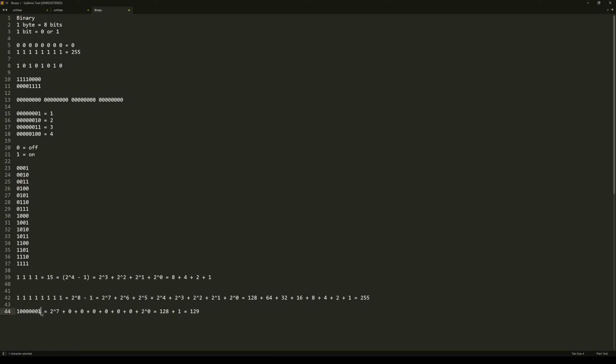So since this is in the 0th position, it will be 2 to the power of 0, and since this is in the 7th position, it will be 2 to the power of 7. If you had something over here, which I believe is the 5th position, then you'll have 2 to the power of 5. Sorry, this is the 4th position, it will be 2 to the power of 5. If you had something over here in the 2nd position, it will be 2 to the power of 2.